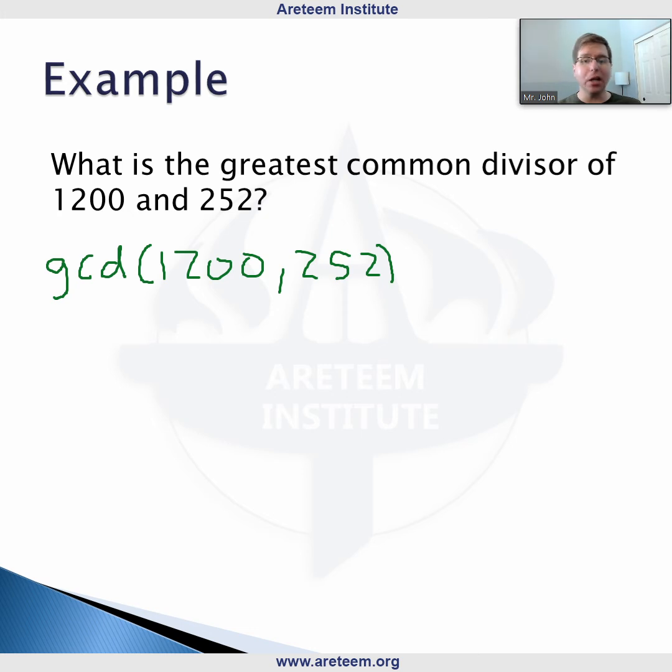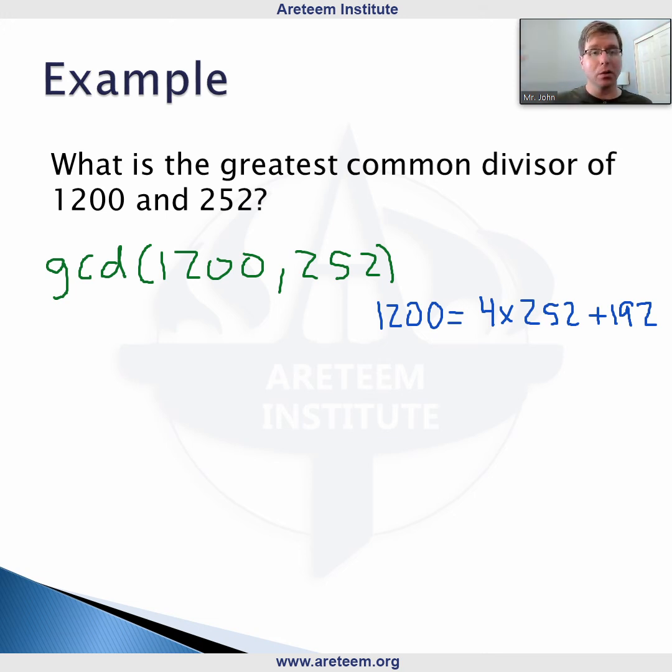So if we look at this then, let's do our work off to the side here. If we have 1200, notice if we divide this by 252, it goes in 4 times. So this is 4 times 252. And you'll actually get a remainder of 192.